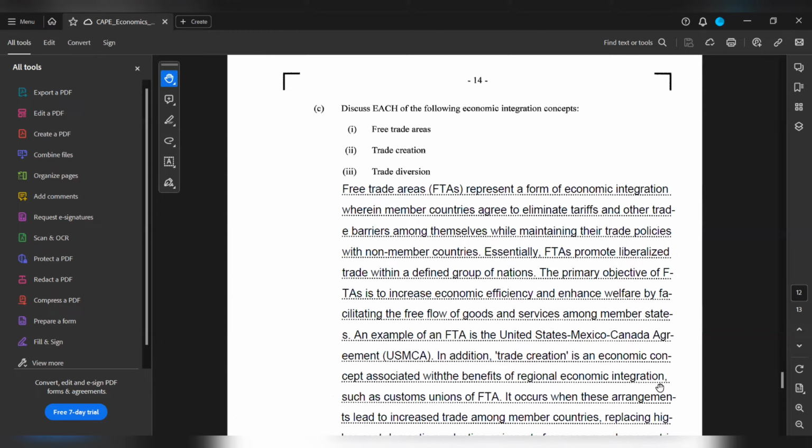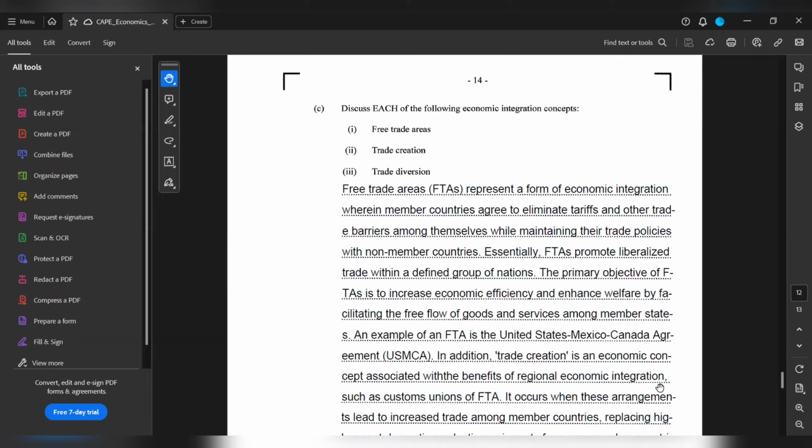An example of an FTA is the United States-Mexico-Canada Agreement, USMCA. In addition, trade creation is an economic concept associated with the benefits of regional economic integration, such as customs unions and FTAs.